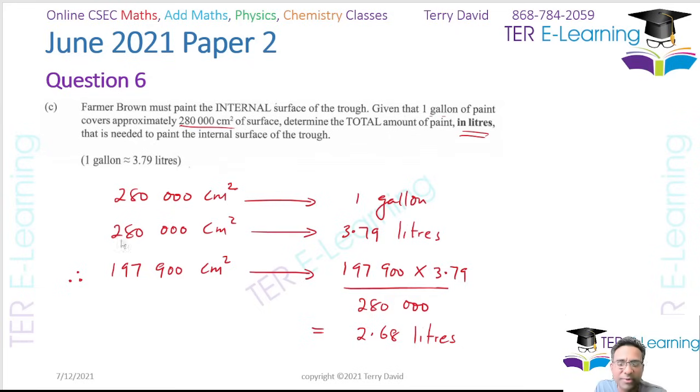Now what you could have done is work out 1 centimeter squared first, if you want to. You could have worked out the amount of paint required for 1 cm squared, which is simply the 3.79 divided by the 280,123.